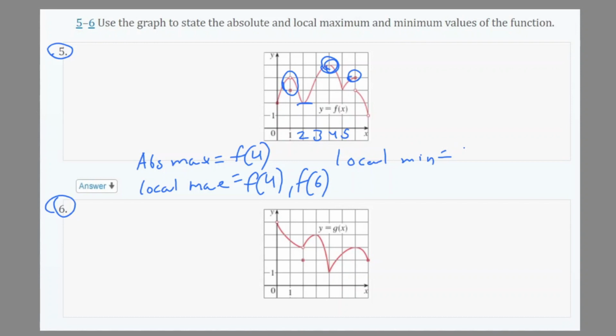And then, so we write down f of 2. And then our other local minimum is going to be f of 5. So at x equals 5, because there's a downward jump there, we're going to have f of 5. And then our final minimum value is actually going to be f of 1.